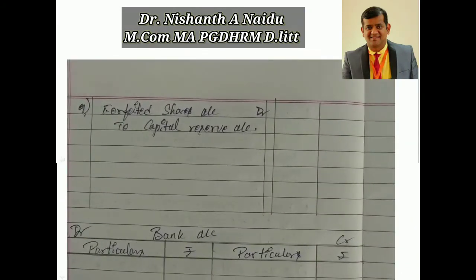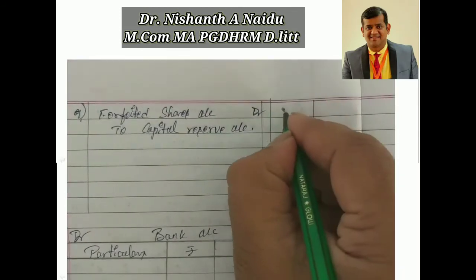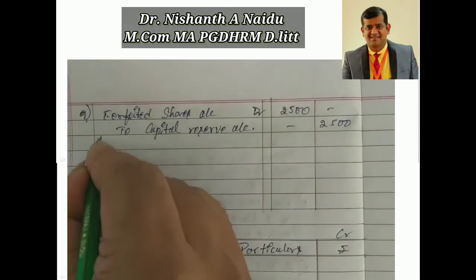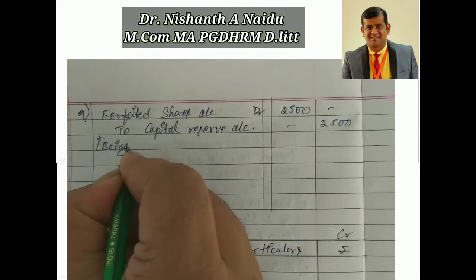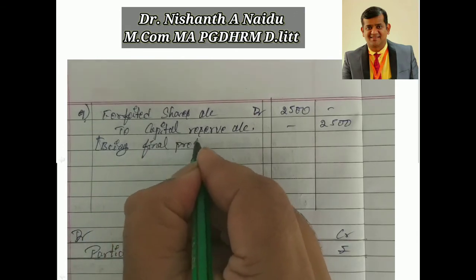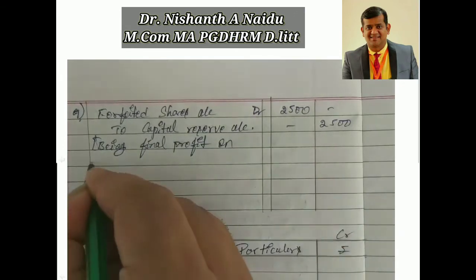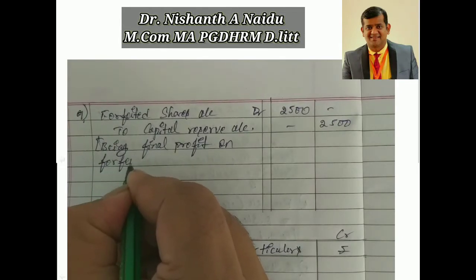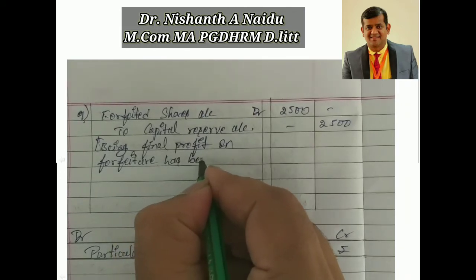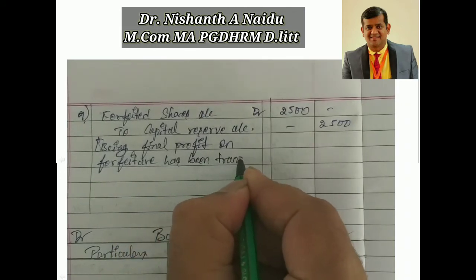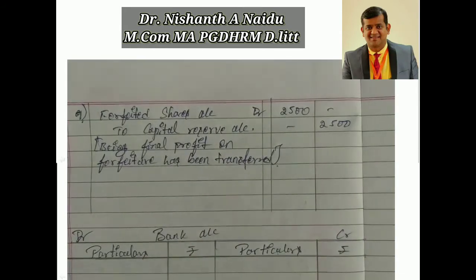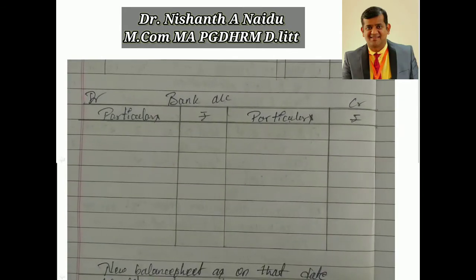Okay, so the left out balance is 2,500. So narration: being profit on forfeiture has been transferred. So done with this.